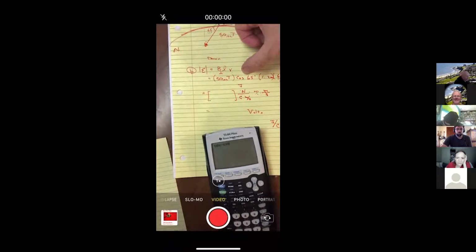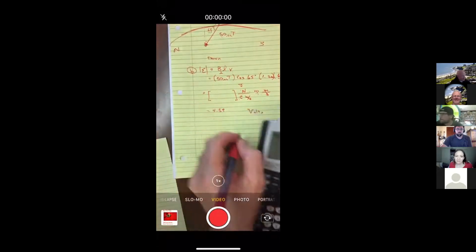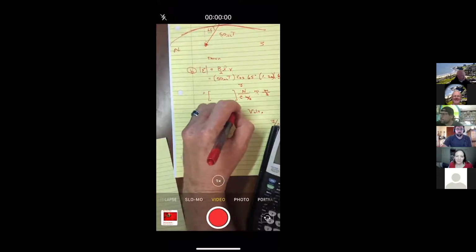Okay. So cosine of 65 degrees for the trig function times 1.2 for the distance times 65,000 divided by 3,600, and we're going to get 4.59 times 10 to the minus 4 volts.